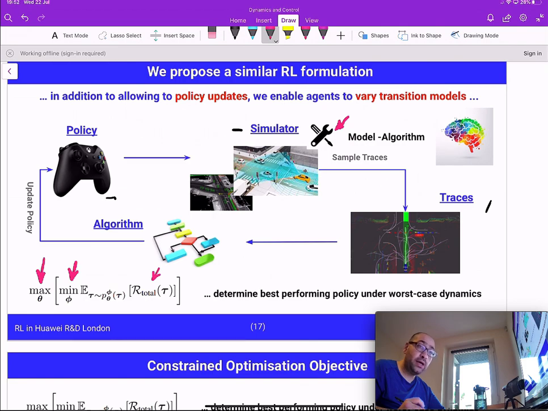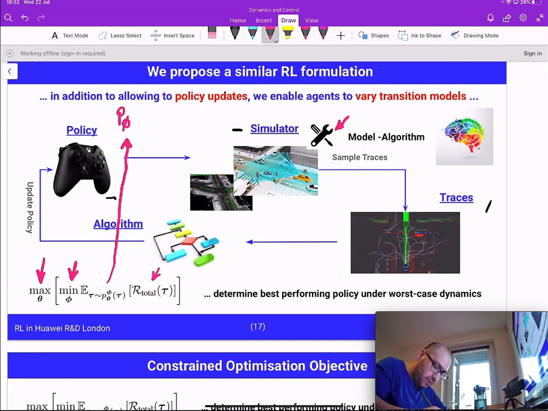And now your trajectory tau, rather than being sampled only from the standard transition distribution of trajectories, is actually parameterized by both the adversary's action and the policy itself. So what p phi theta means is pretty simple.